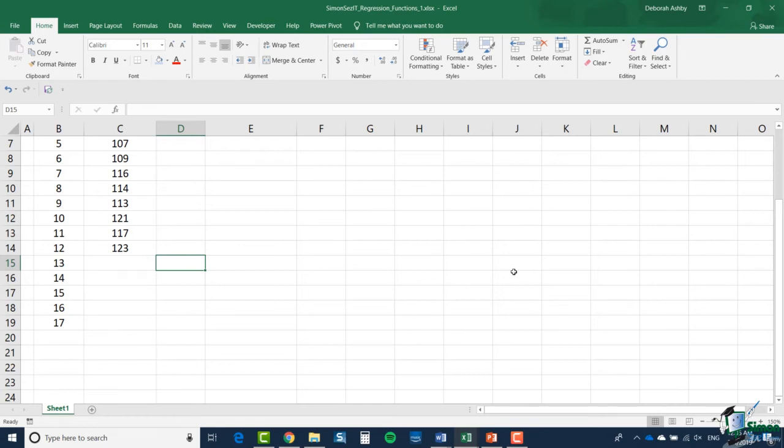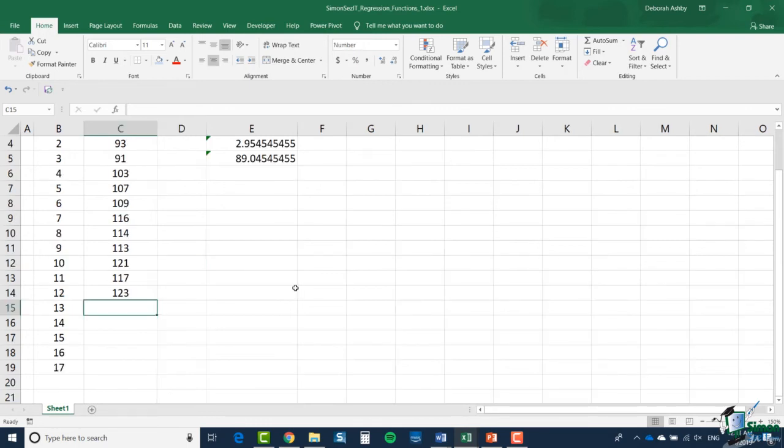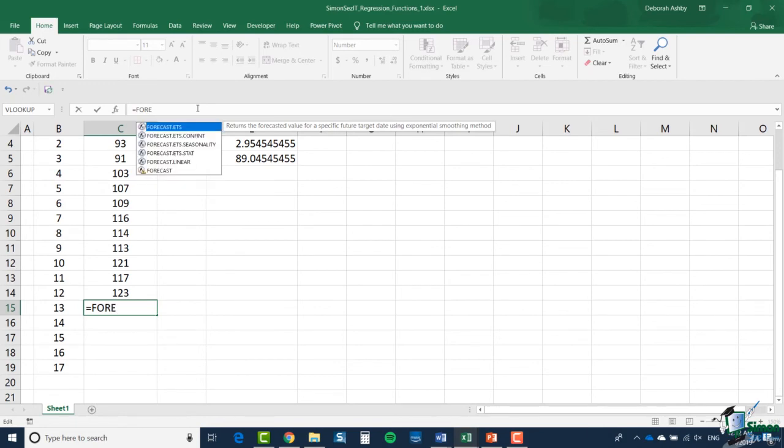It forecasts values of y based on known x's and y's on the assumption that there is a linear relationship between x and y, and that you're using the best fit against the existing x and y pairs. So in C15, what I will type is equals forecast, and we're going to select this one, forecast.linear.